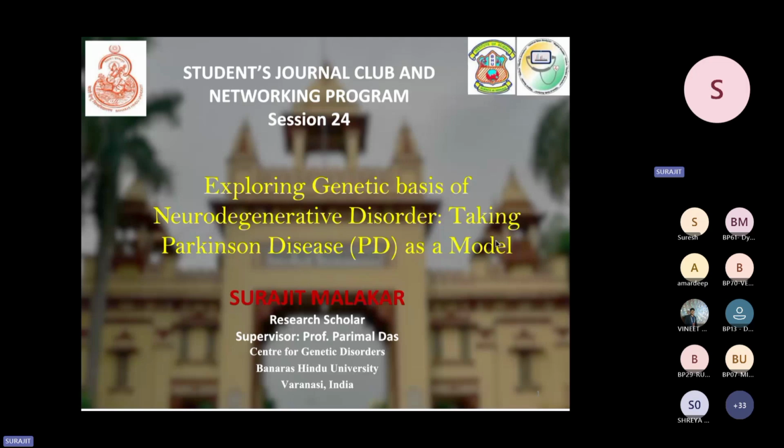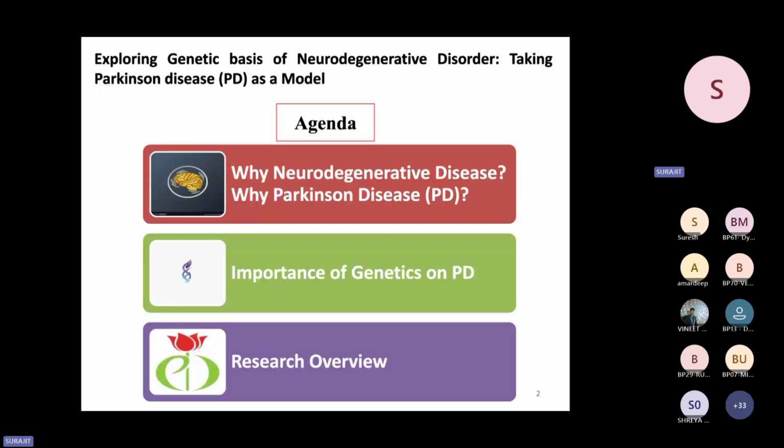Model means as an example. The agenda of my topic is why neurodegenerative disease, and why Parkinson disease, why I chose these as the focus of interest for my research study and my future plans.